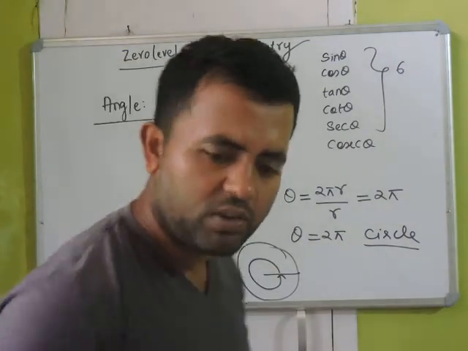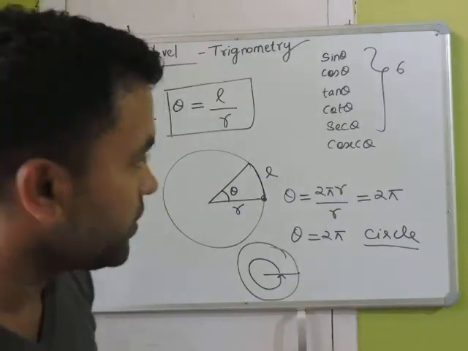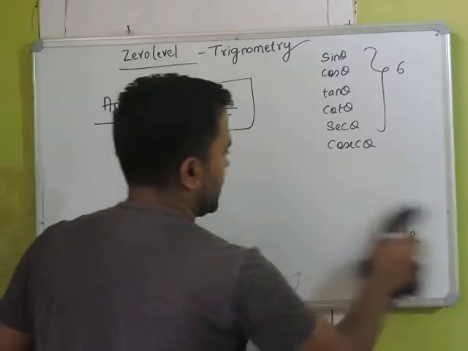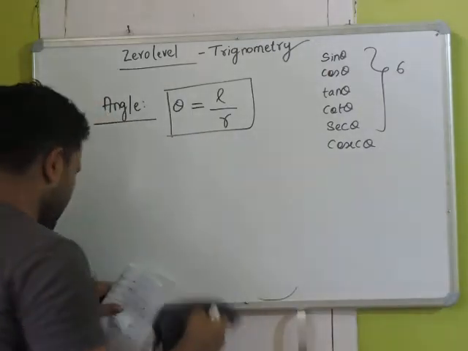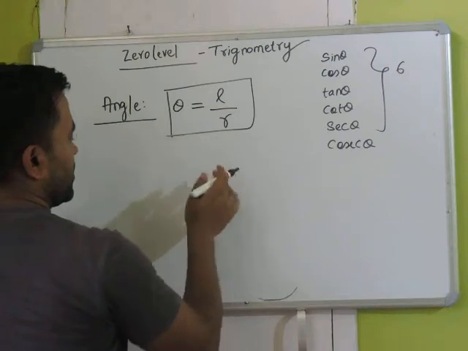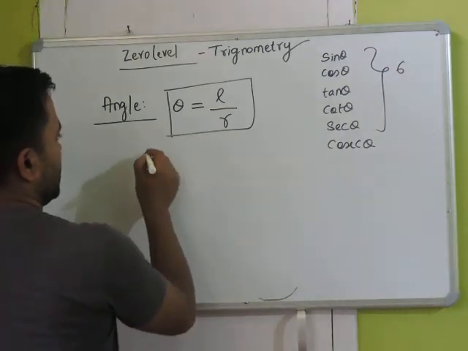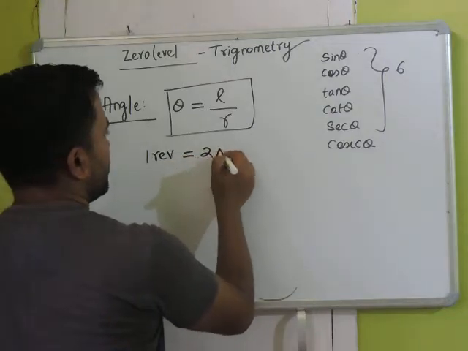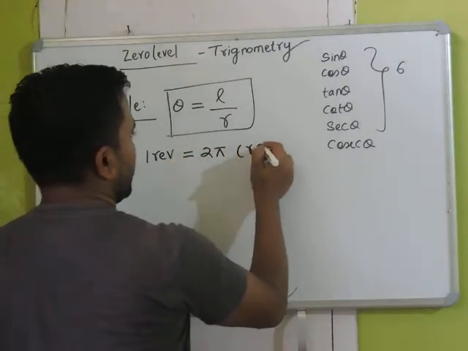Now it turns out that in physics we will try to measure the angle in radians. Okay, so there is one conversion, just like I told you, one revolution is 2 pi radian.